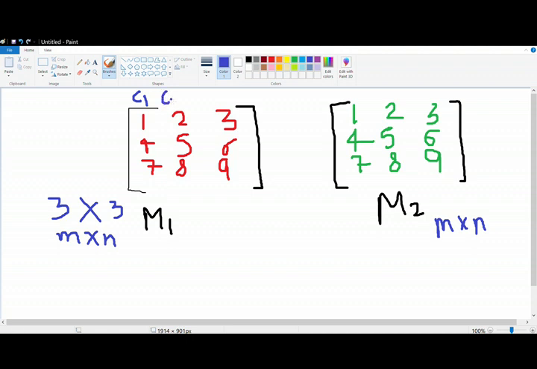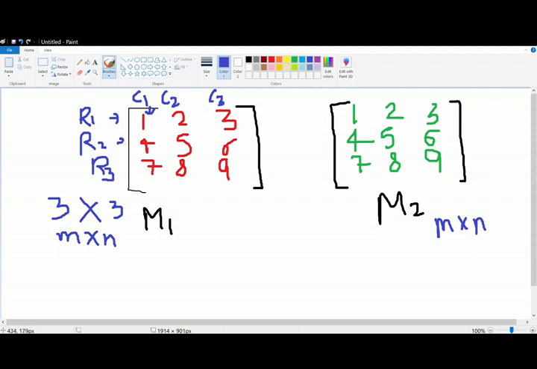And the three columns are C1, C2 and C3. Again we have R1, R2 and R3. This is a row and this is a column. C1, C2, C3, R1, R2, R3.